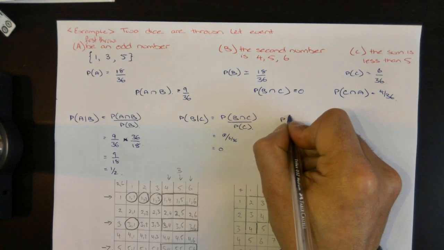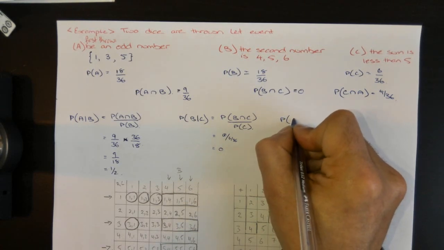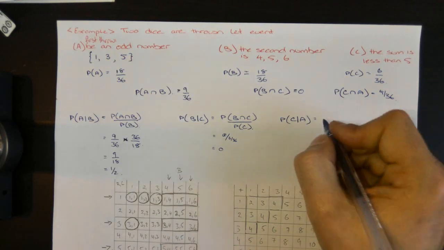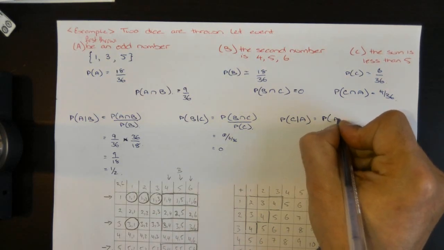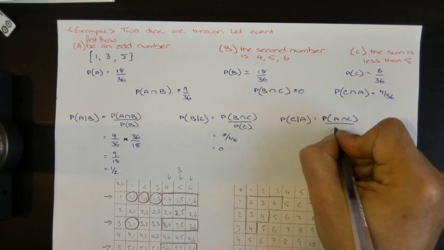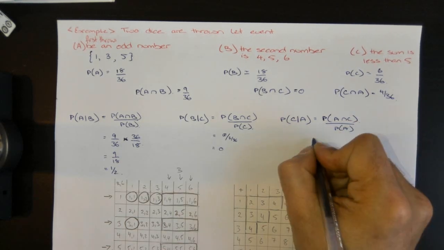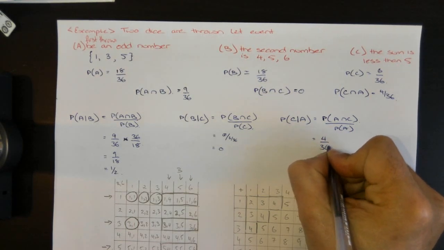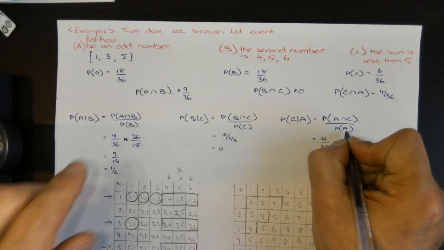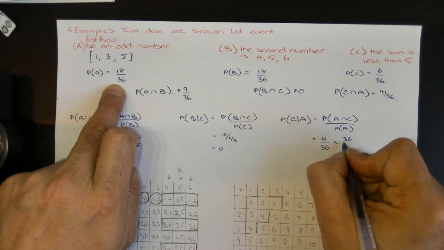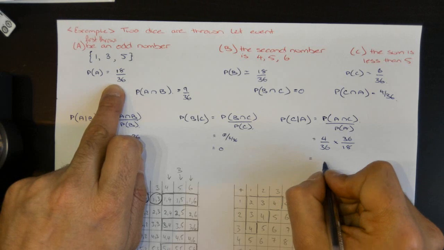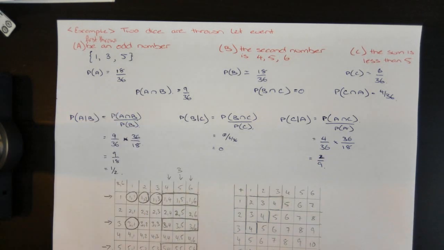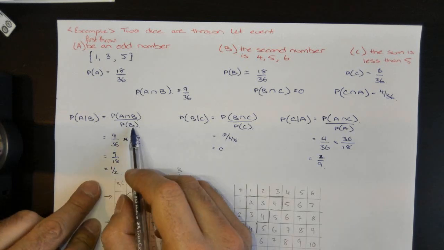Now let's do the probability of C given A. So that's the intersection over A. So we get 4 over 36, flip that over, 36 over 18, gives us 4 over 18, which is 2 over 9.